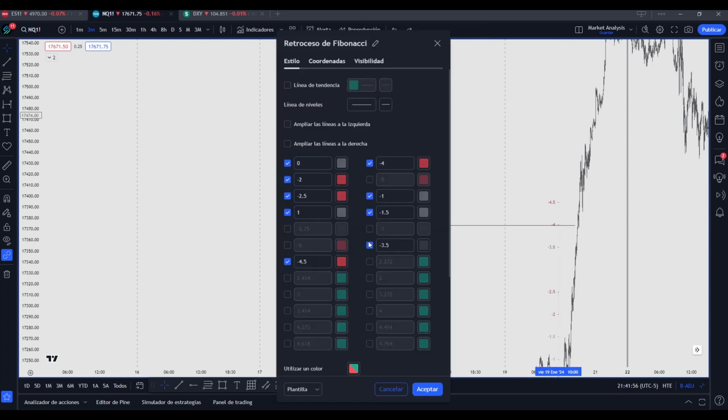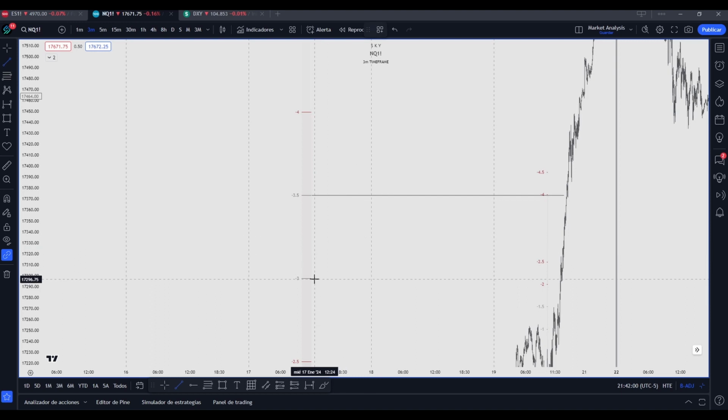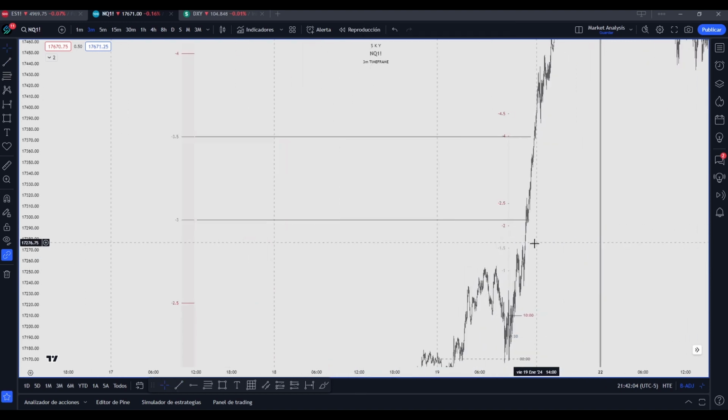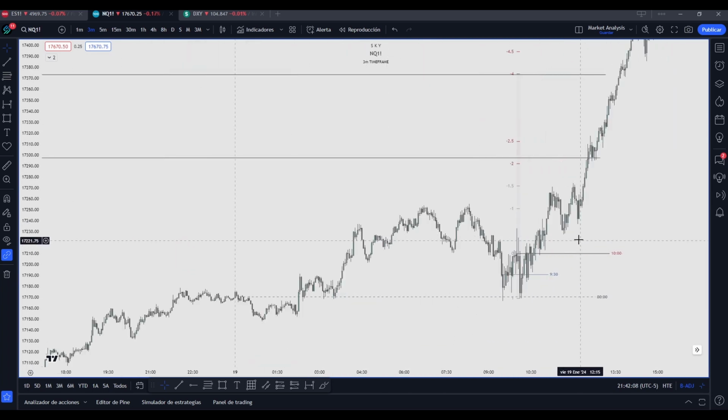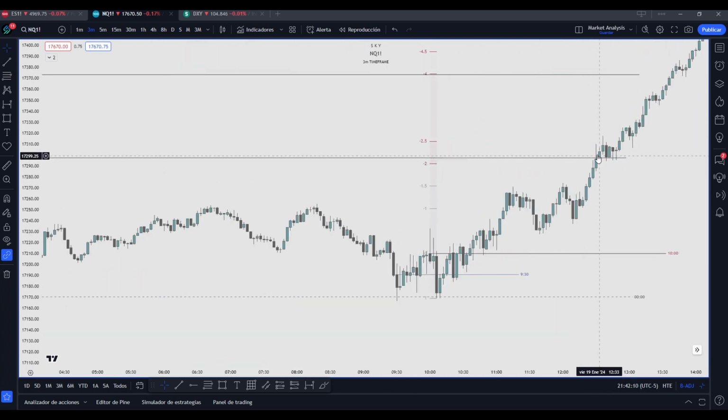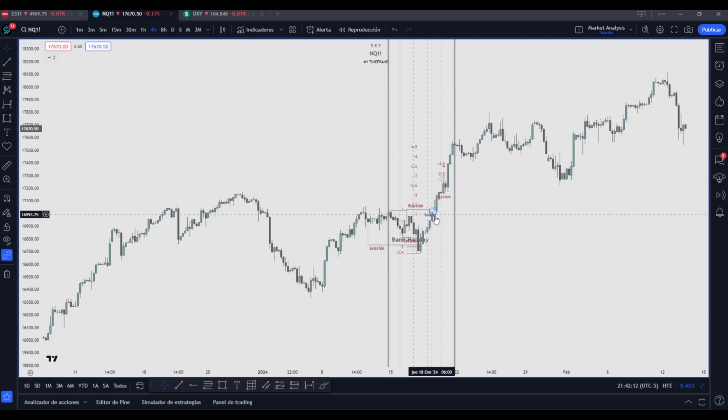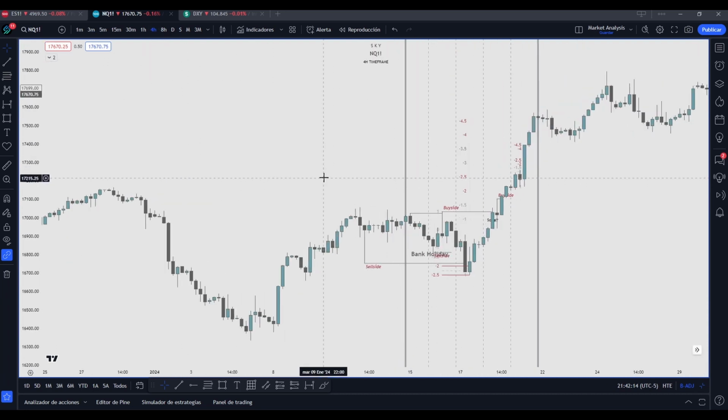How about this? We have here at least 3 overlapping standard deviations. So I would be targeting here.